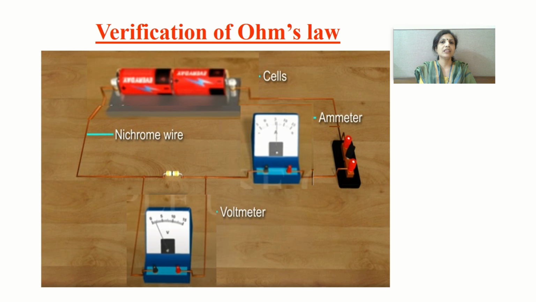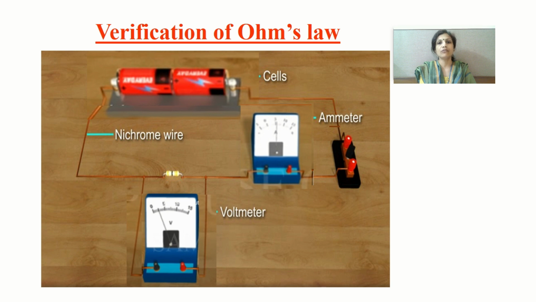You must have seen that now the pointer has again changed. Current has increased and voltage has also increased. Voltage is showing a potential difference of 3 volts because we have connected two cells. One cell has a potential difference of 1.5. When you connect two cells together, it will give you a potential difference of 3 volt and the current has also increased.